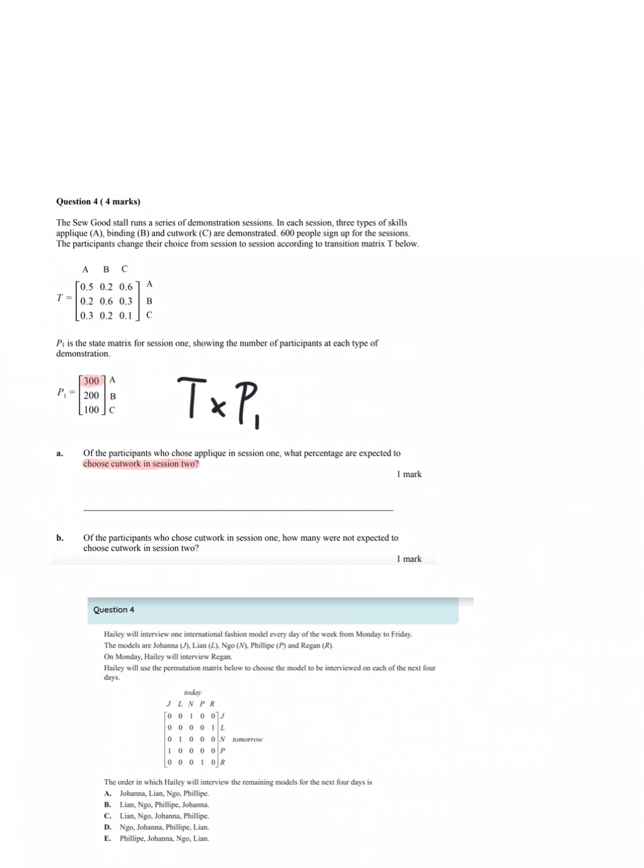I'll quickly do that. Just know as well, if we only really care about cut work, we could just do this here. So we're looking at cut work for the next one.